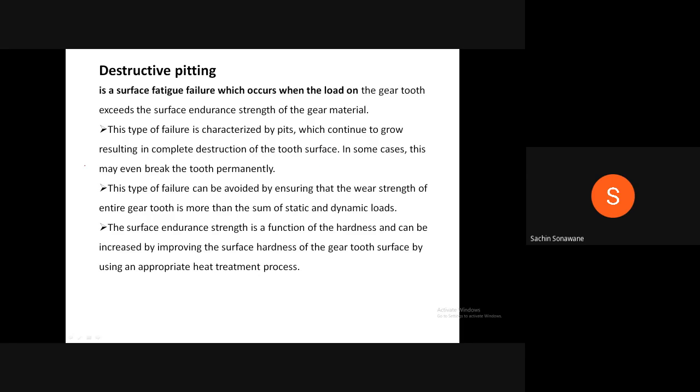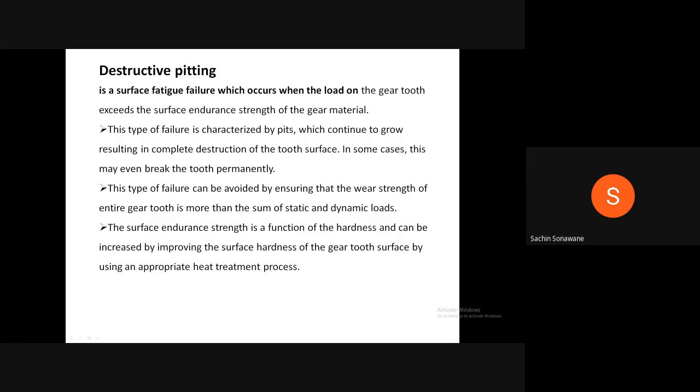In some cases, this may even break the tooth permanently. This type of failure can be avoided by ensuring that wear strength of the entire gear tooth is more than the sum of static and dynamic loads.